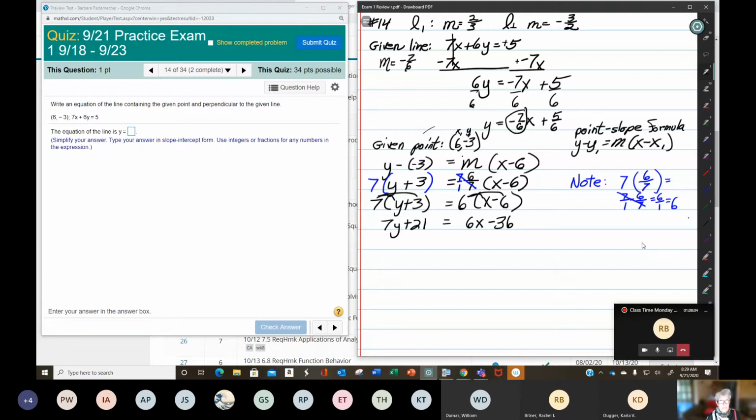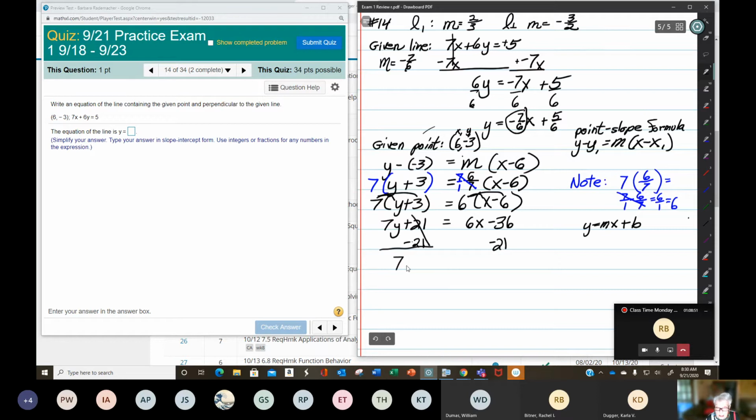Now, all I have to do is solve for x. Notice that the instructions down here say, type your answer in slope-intercept form. Slope-intercept form is y equals mx plus b. So that's what I'm going to do. I'm going to subtract 21 from both sides of this equation. 21 minus 21 is 0.